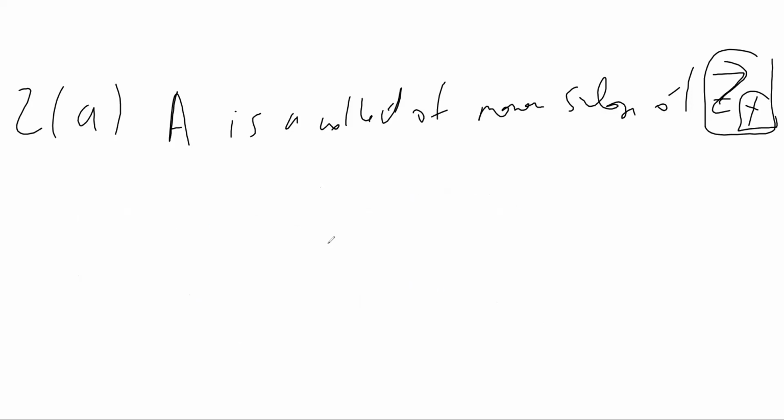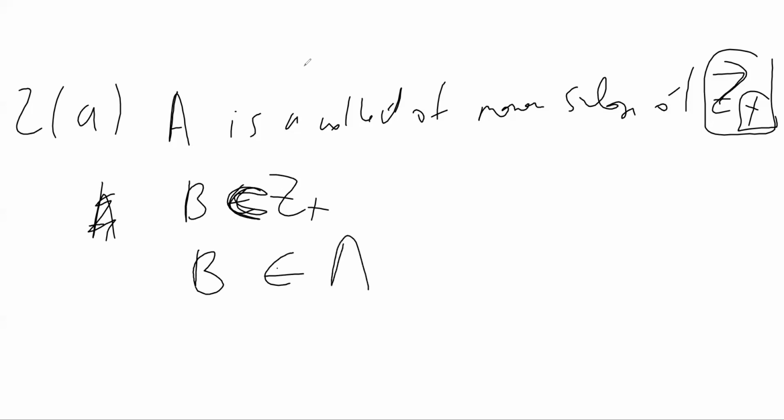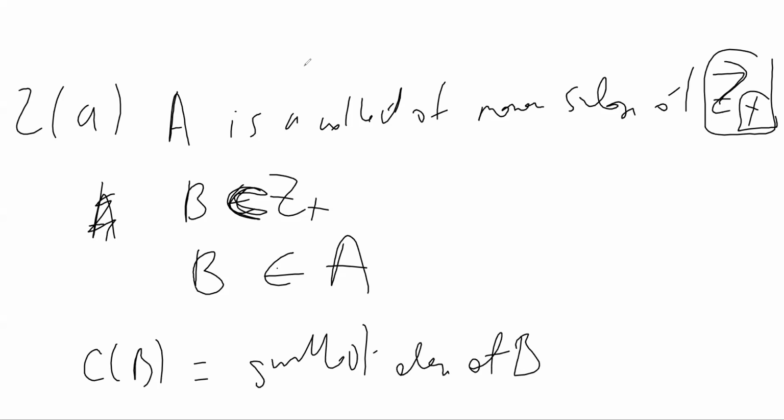Okay, so Nazir said that what he meant by well-ordering is taking the smallest element of all possible sets, right? So say you have some subset B of Z plus, and B is in the collection A. Then because B consists only of positive integers, you can always find the smallest element from B. So basically you're saying C(B) equals the smallest element of B, right?